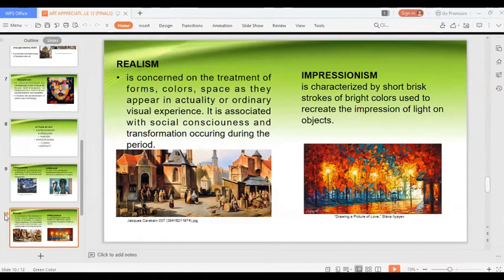So the artists of this style of art are not trying to paint the reflection of real life, but an impression of what the subject looks like to them. That's why the colors are so vibrant. And yes, as you can see, the strokes are relatively small, thin, but visible. That's impressionism. They are more particular with the color.